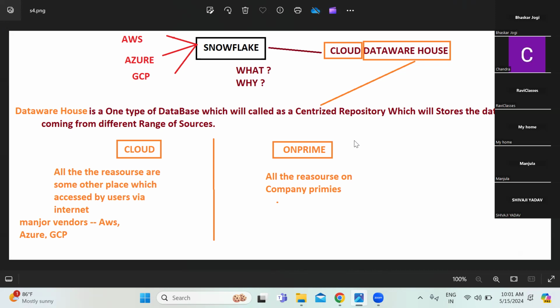For example, what is your experience? You have said 3.5 years of experience, for example. How many team members are there? In some companies, one member will be there. In some companies, 5 members will be there. In some companies, 30 people are there. For example, a small company may have only one person supporting 10 activities.